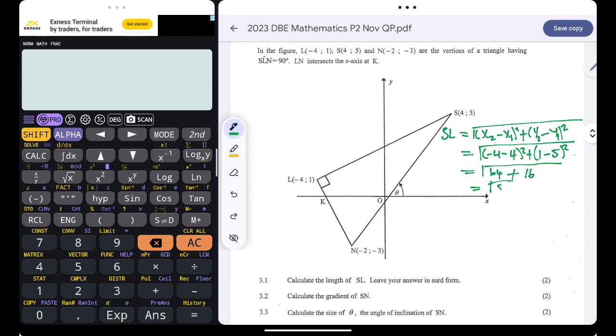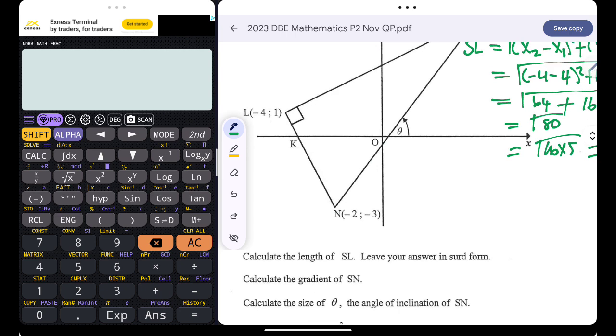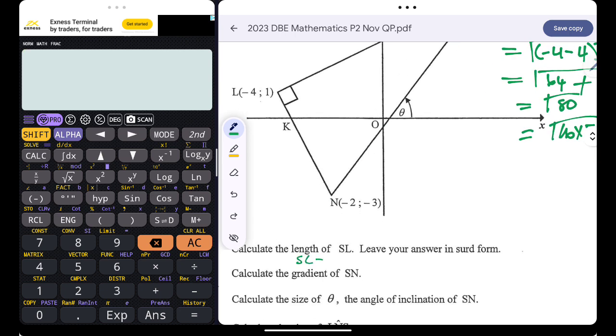That's square root of 80. This is 16 times 5, equal to 4 root 5. The distance of line SL is 4 root 5.